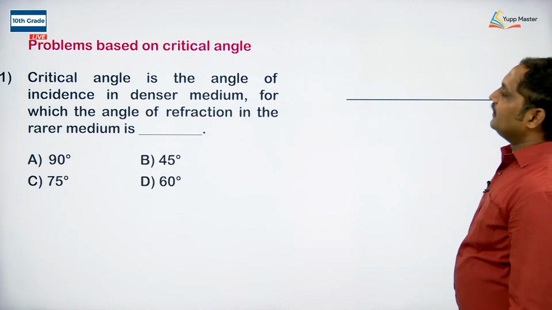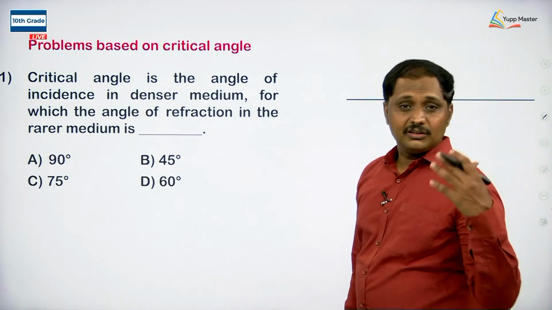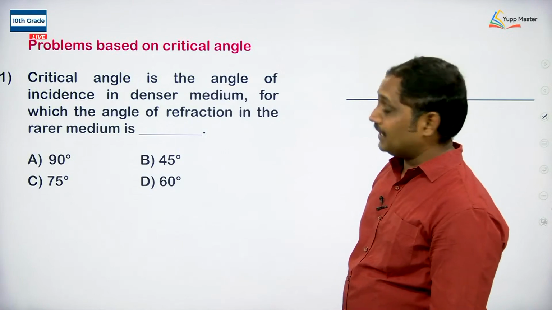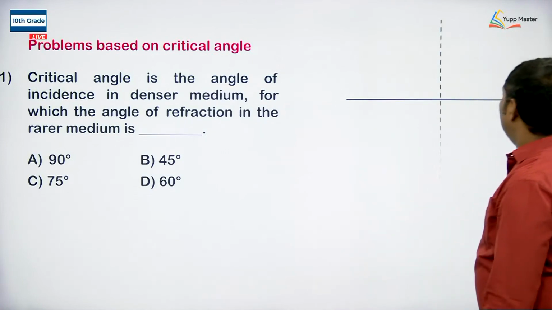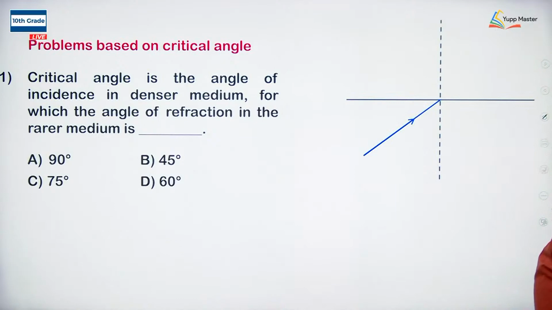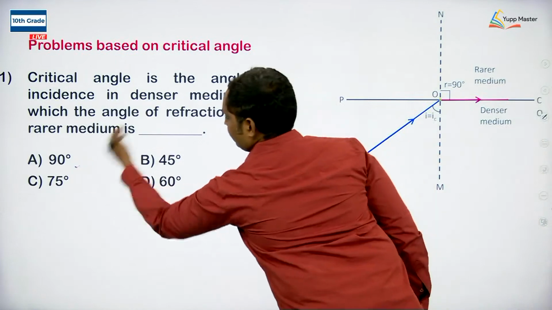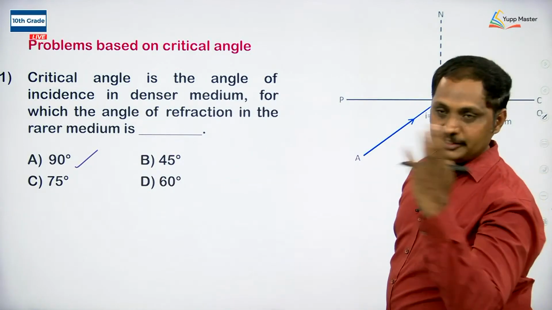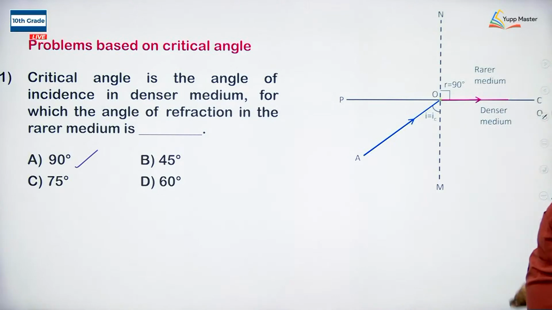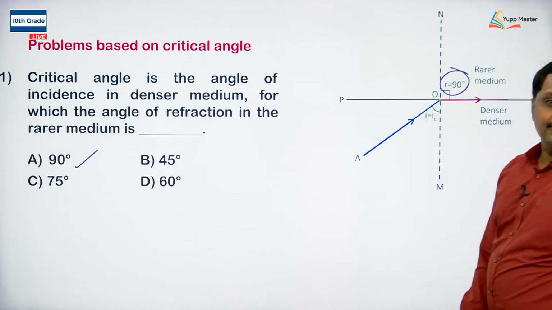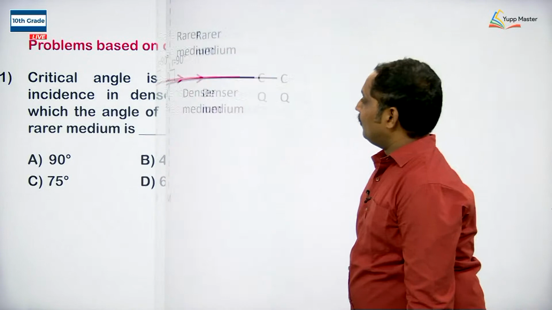The critical angle is the angle of incidence in the denser medium for which the angle of refraction in the rarer medium becomes 90 degrees. So you can find that from the basic definitions they are framing the problems. So look at this one. R is equal to 90 degrees. This is the rarer medium and the denser medium. This is the case we have to consider. So, next problem.